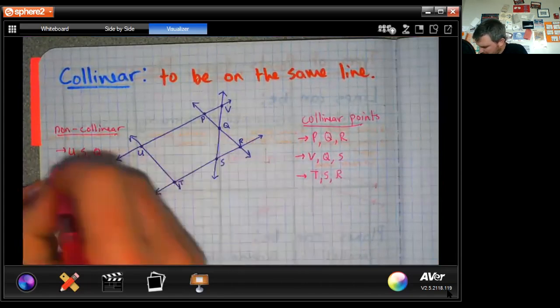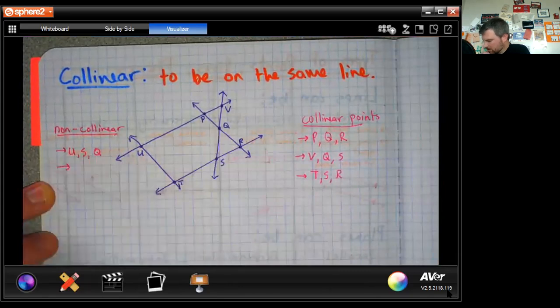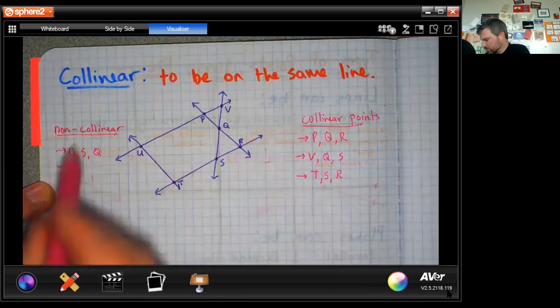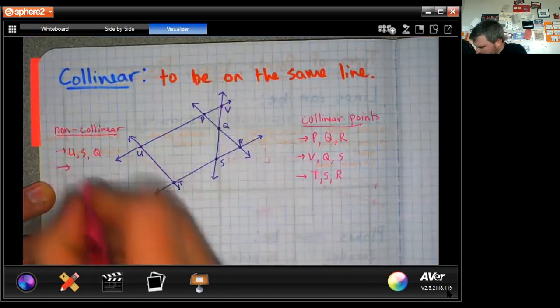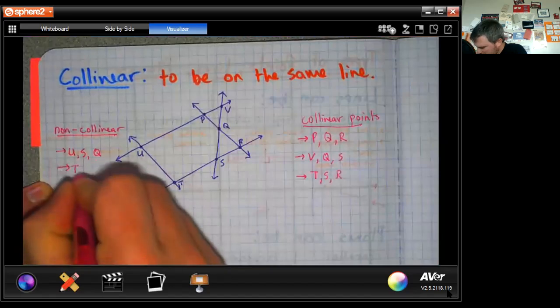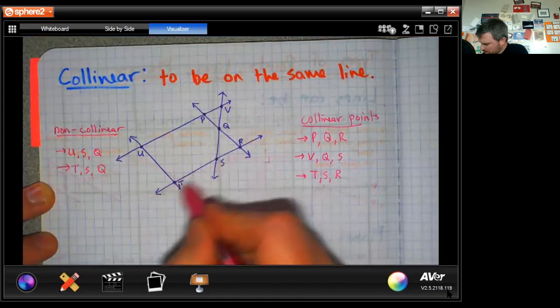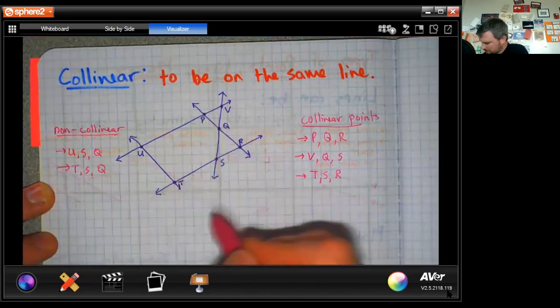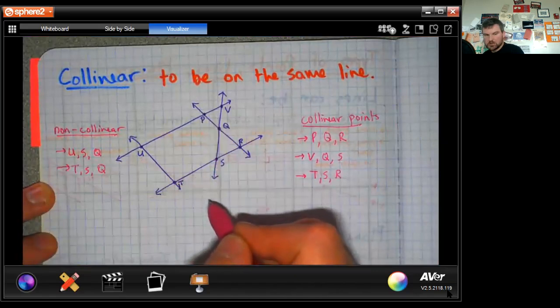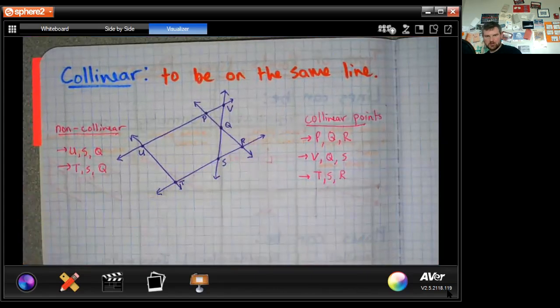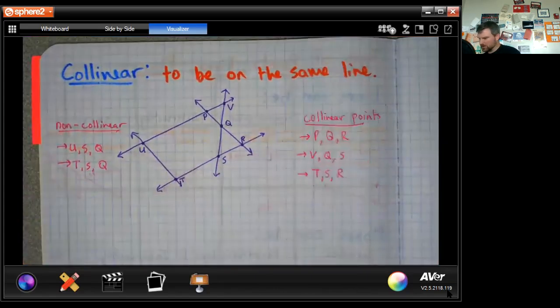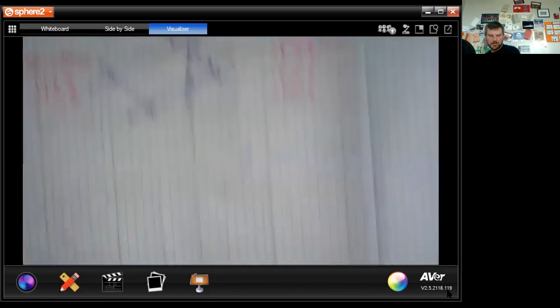There's not a single line going through all 3 of them together. How about T, S, and Q? T and S are on the same line, but Q is not on the same line. Okay, so those are just some collinear. There's other groups of collinear and non-collinear on that picture.